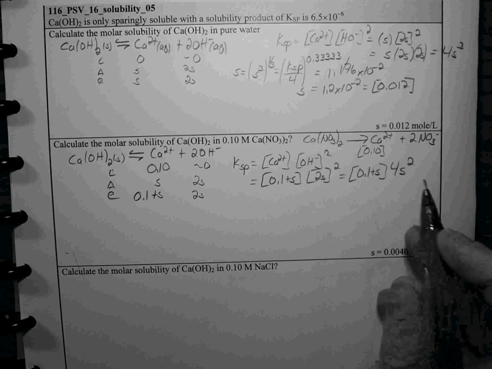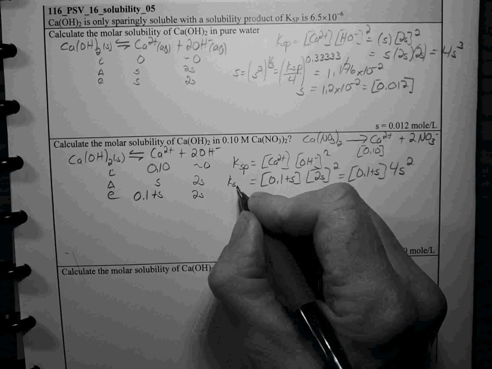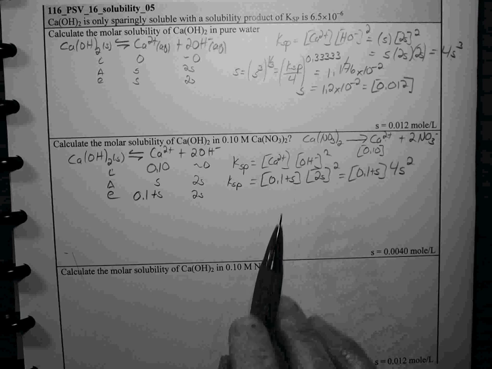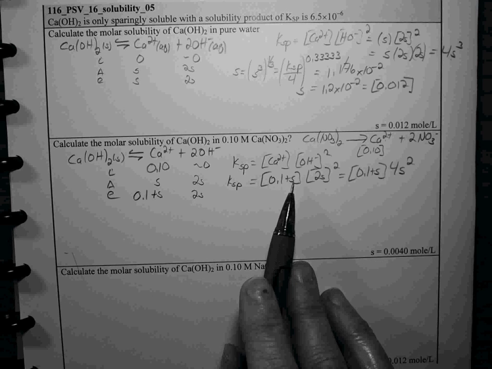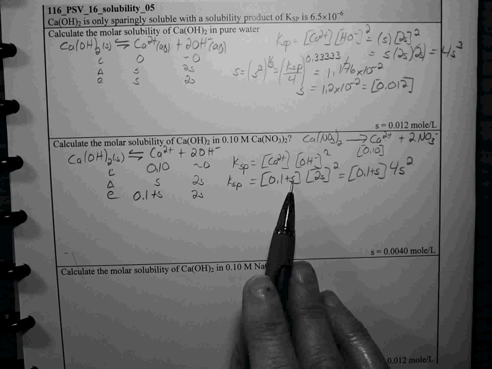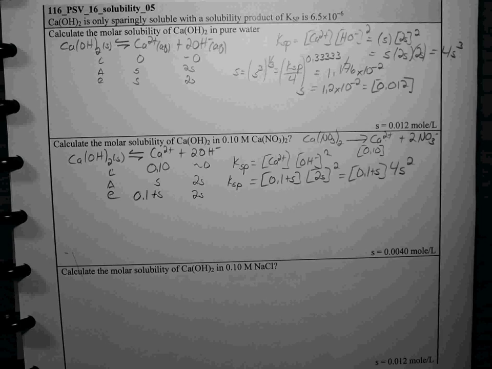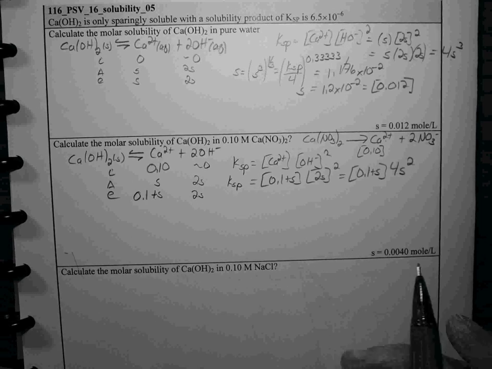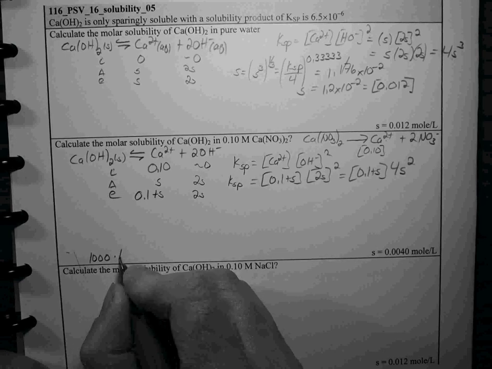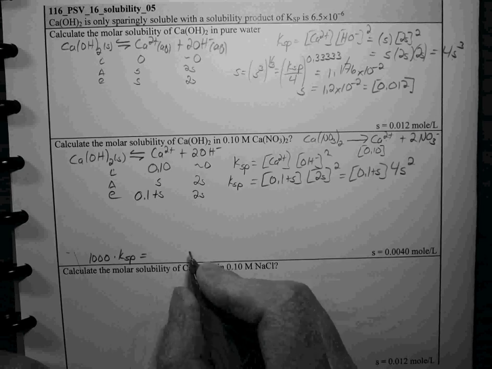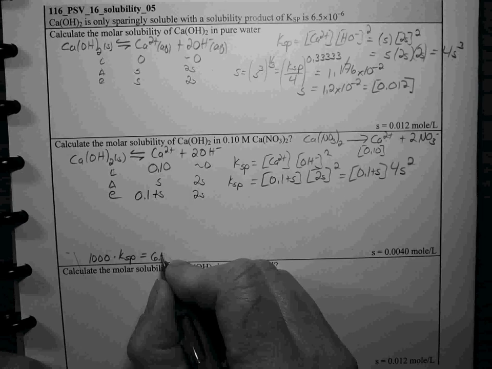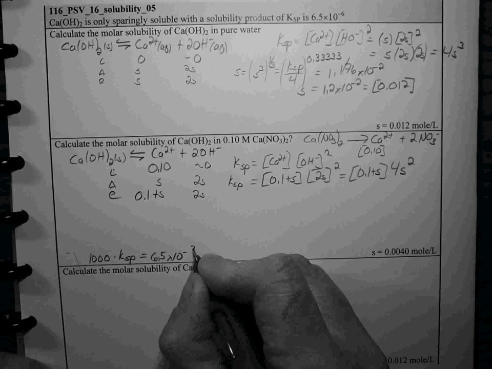This is one instance where it's beneficial, instead of solving this via recursion, we can likely make the approximation that S is small compared to 0.1 plus S. We can check first by multiplying 1,000 times our KSP. KSP is given here at the top. So this is 6.5 times 10 to the minus 3.